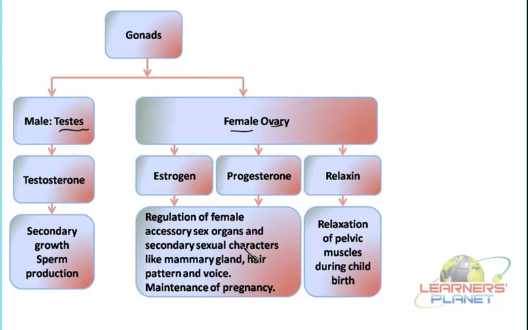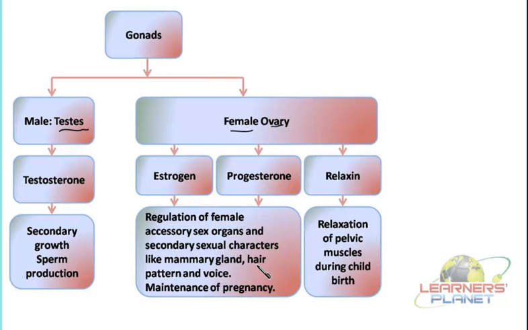That means ovum are produced by the ovary under the influence of these hormones. And of course when these eggs are generated, a female body is getting ready for the phase of reproduction, that means to get pregnant. And how is this pregnancy established? It is because of the fusion of sperm and the ovum.